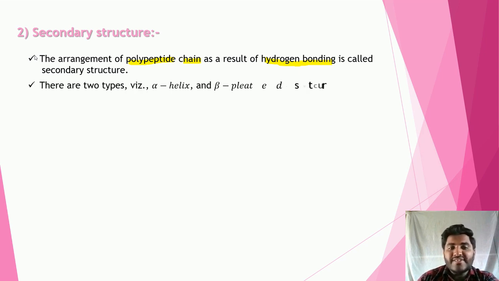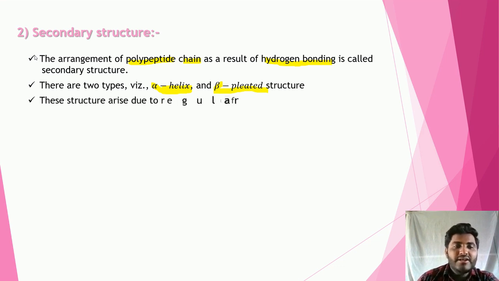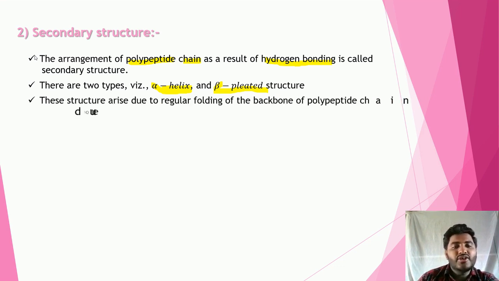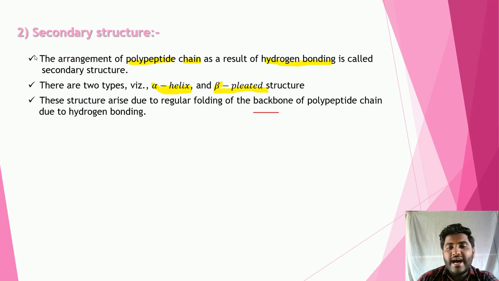So there are 2 types again. One is alpha helical structure. Second one is beta pleated structure. So the name itself indicates alpha helix. So we'll study one by one. And these structures arise due to regular folding of the backbone of the polypeptide chain.